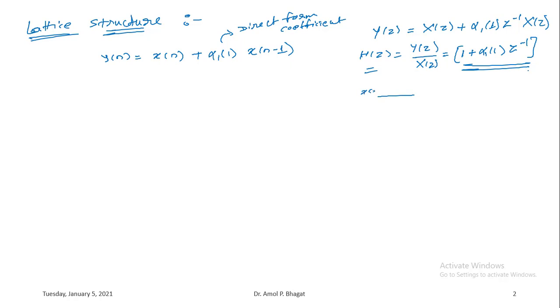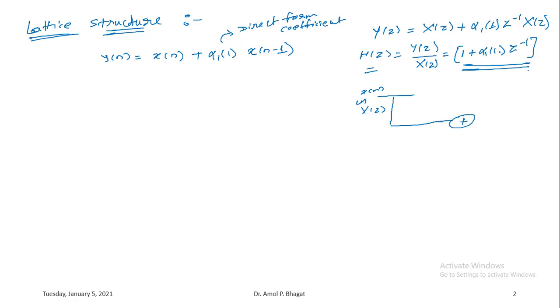So again, x of n or X of z is there, and here you can add this one. You can draw it horizontally or vertically. I'm drawing it horizontally, so one will be added here.